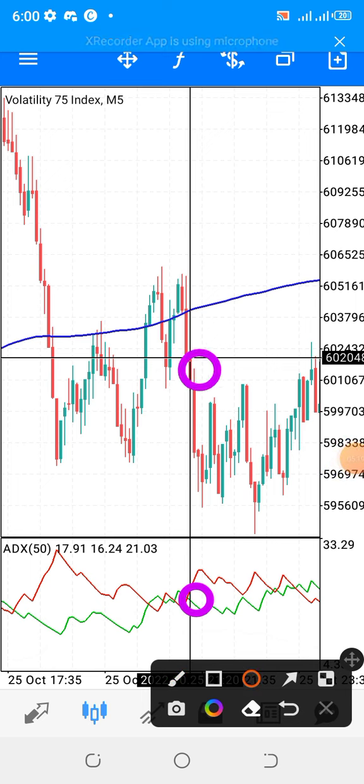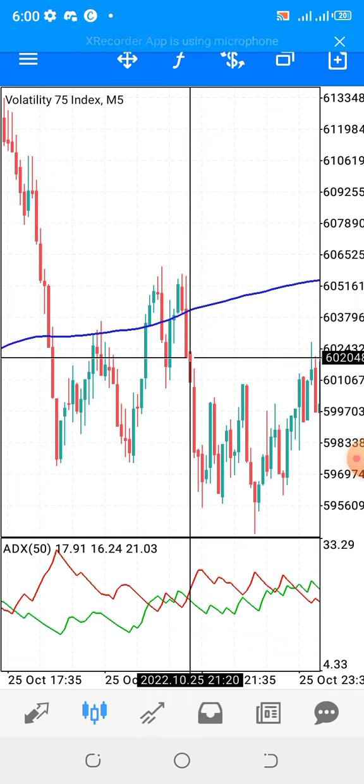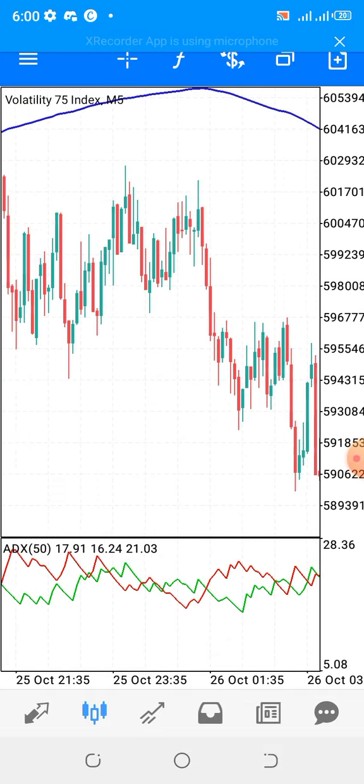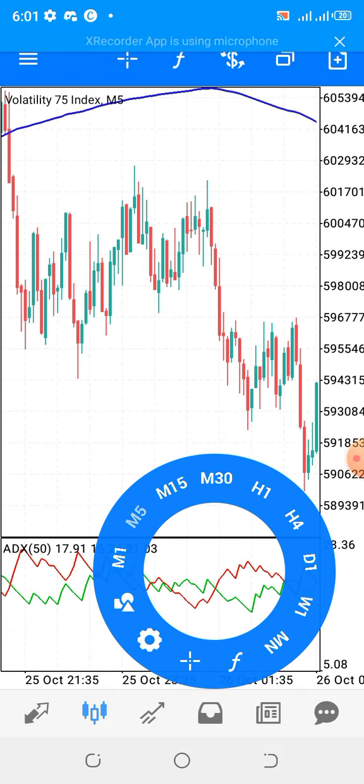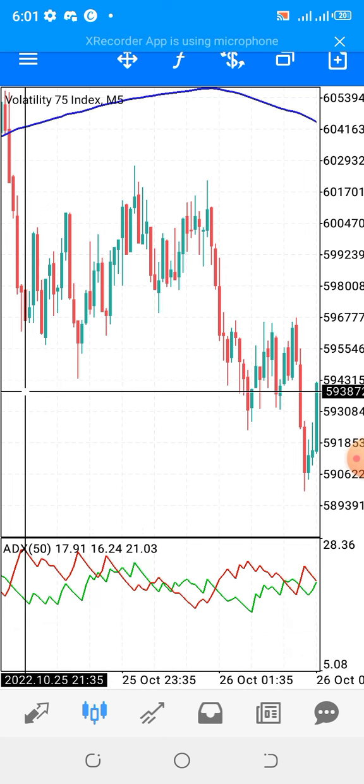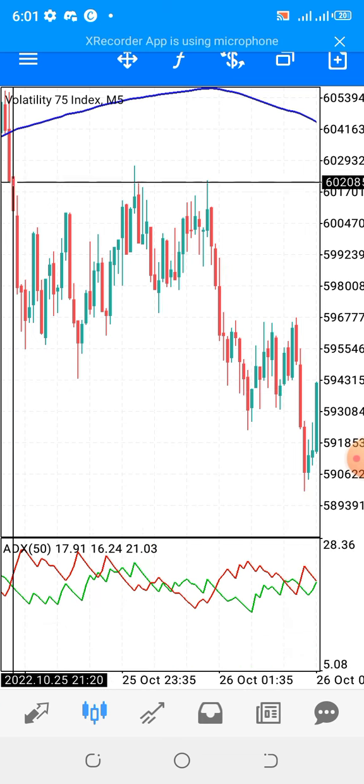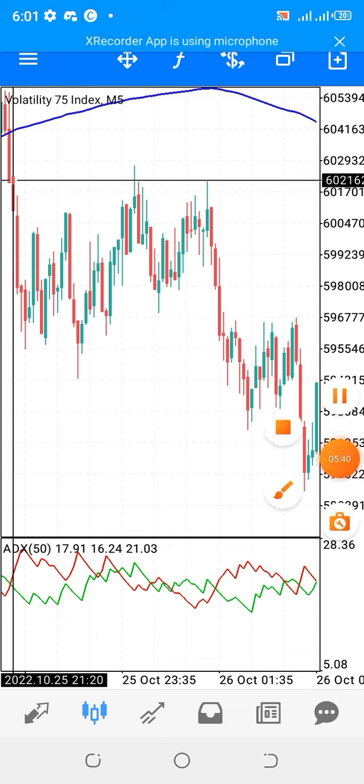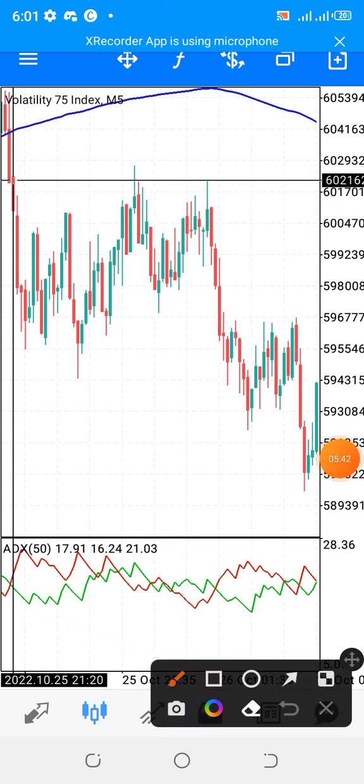You make your sell entry here. And look at it, see where the crossing occurs here. See where you're going to make your entry here. And that is a huge profit for you.